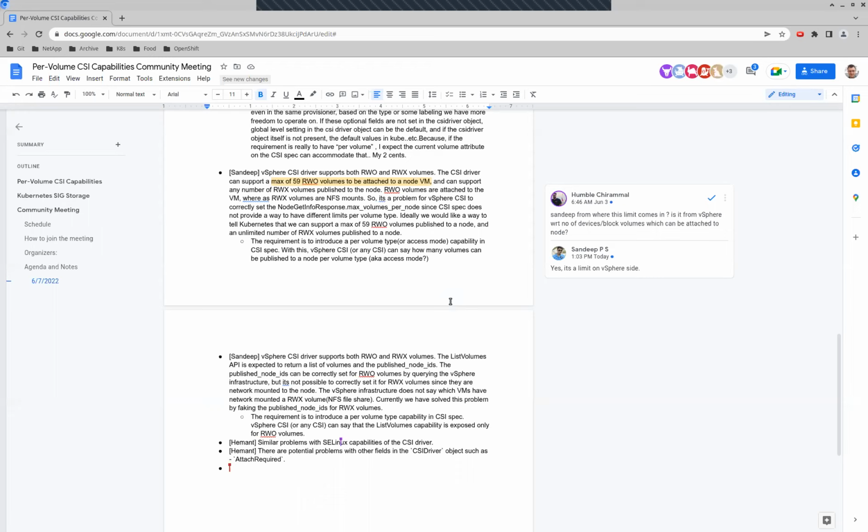The conclusion we reached at that time, I remember I even reached out to the community, was that I don't think there was a specific guideline that you should have a single driver per volume type or per access mode. So the CSI spec doesn't say anything, and it's quite possible to have one driver with multiple volume types. That's the reason why we went in this direction.